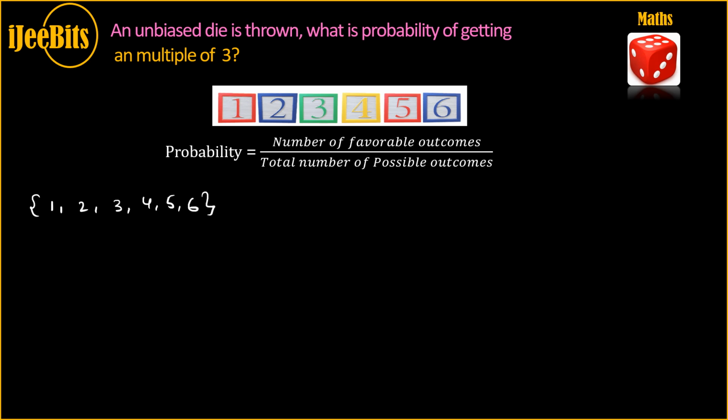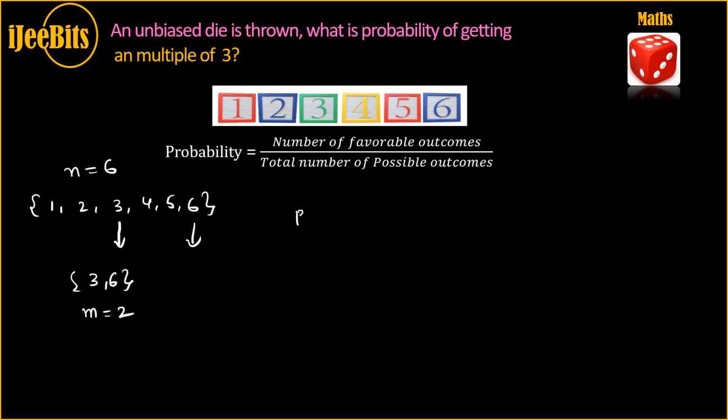Now find the multiples of 3. 1 is not a multiple of 3, 2 is not, but 3 is a multiple of 3 and 6 is a multiple of 3. So all we have is 3 and 6. That means your m is 2, your n is 6.